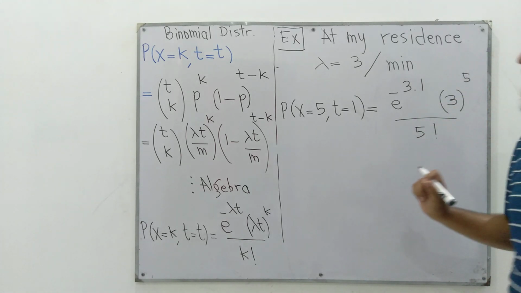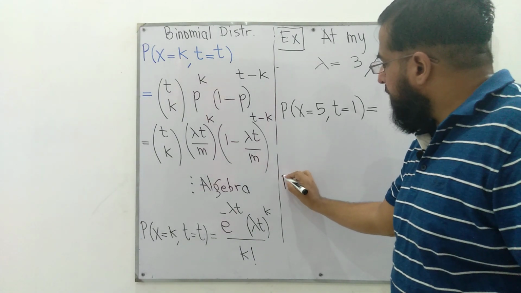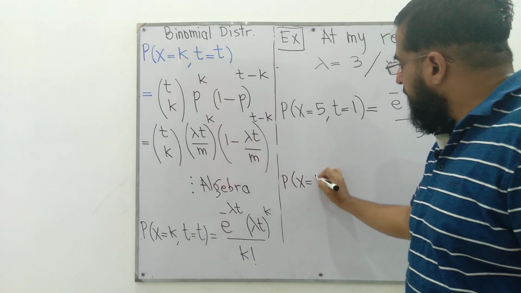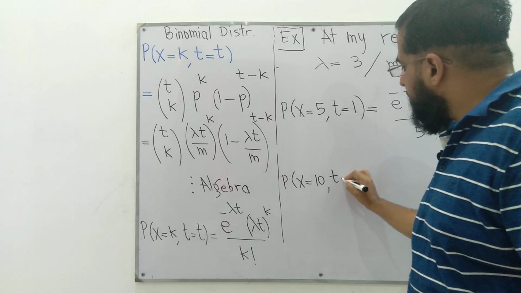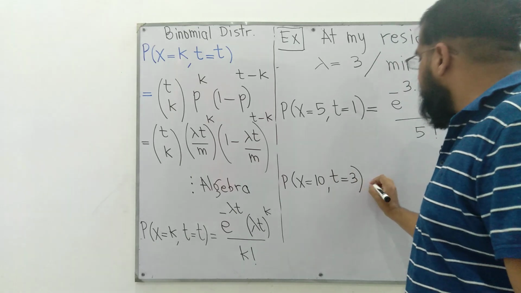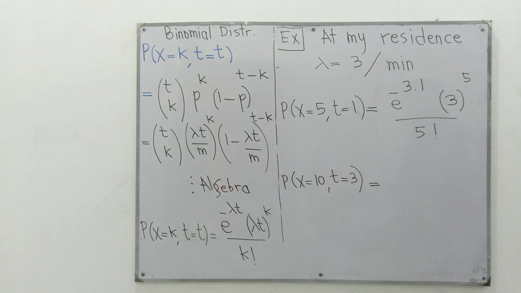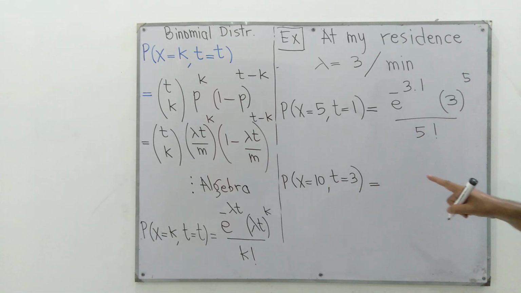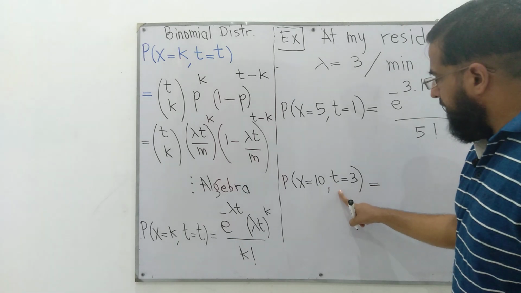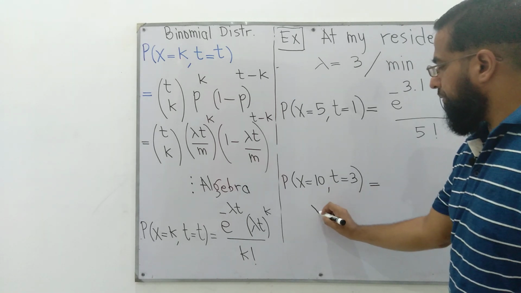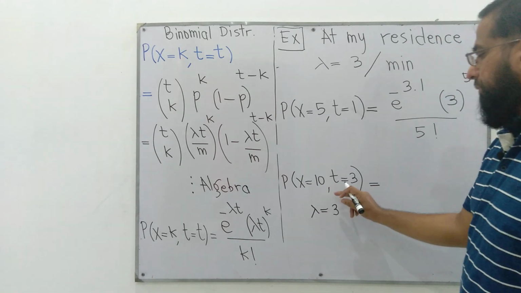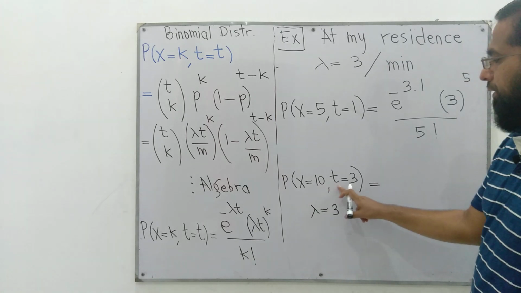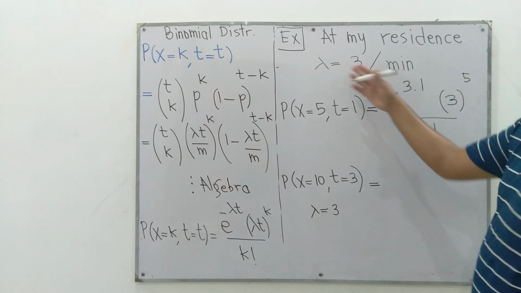5 factorial. But what if we want to find out the probability of 10 fluctuations in 3 minutes? What is the probability of having 10 fluctuations in 3 minutes? So here we have t is equal to 3, k is equal to 10, and lambda is 3.